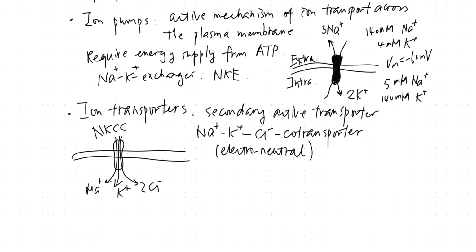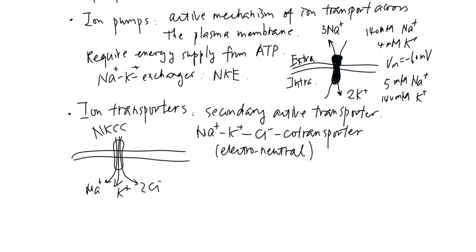In contrast, the NKE, the sodium potassium exchanger, is not electroneutral, because you remove 3 positively charged ions and only put in 2 positively charged ions. So you lose 1 positive charge each time. But NKCC is electroneutral.